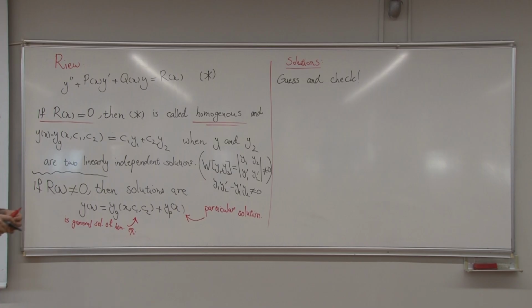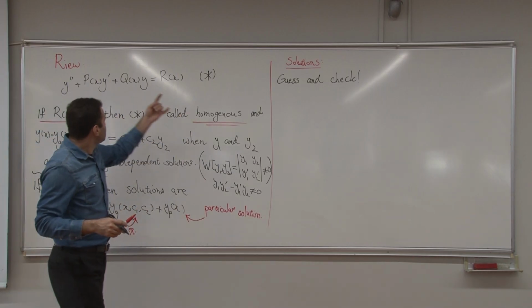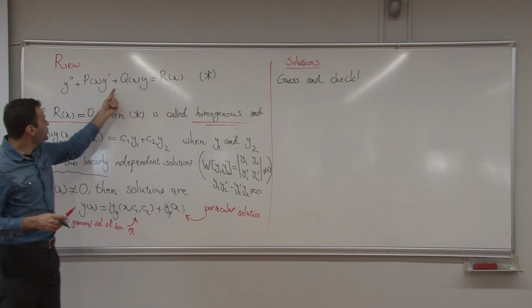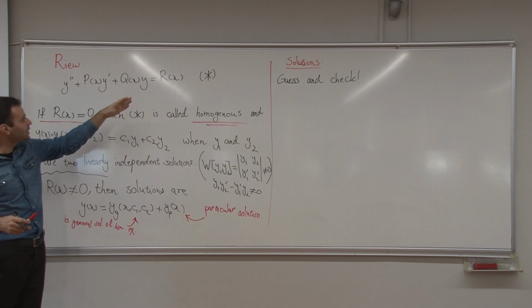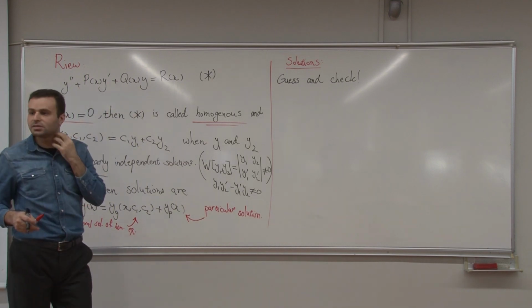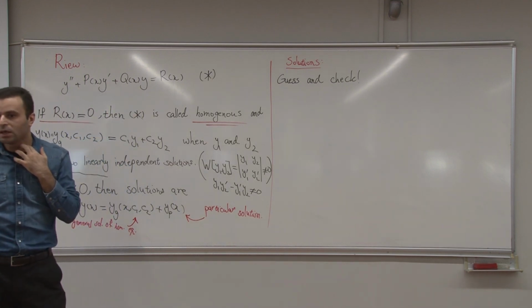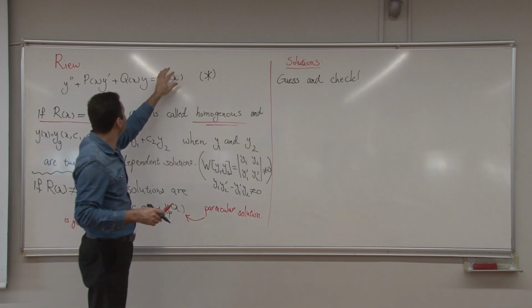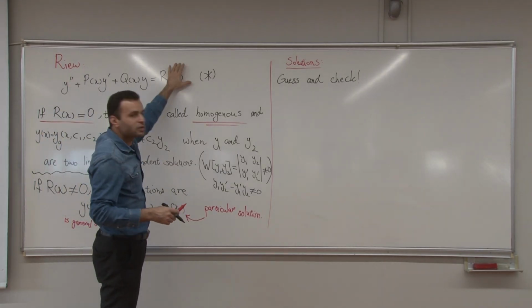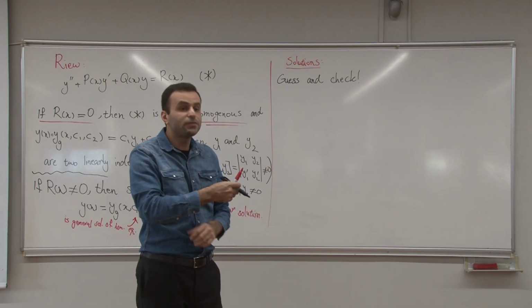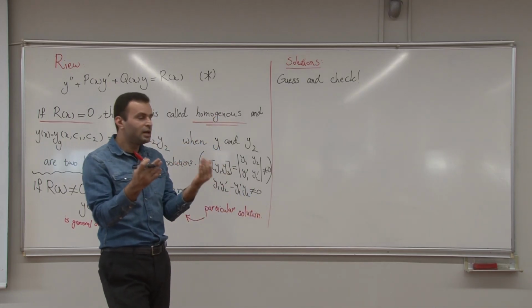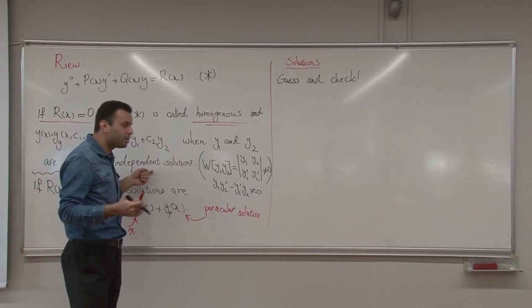And what you need to do is take the function itself, take its first derivative, take its second derivative, and plug it into the equation that is given, and check if the left-hand side and right-hand side are equal to each other. Okay? In the case of homogeneous equations, check if this is equal to 0 or not. And if it is equal to 0, which means that they are solutions, then you need to check for linear independence of them.